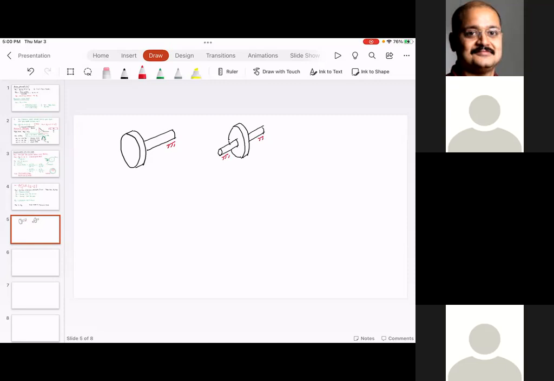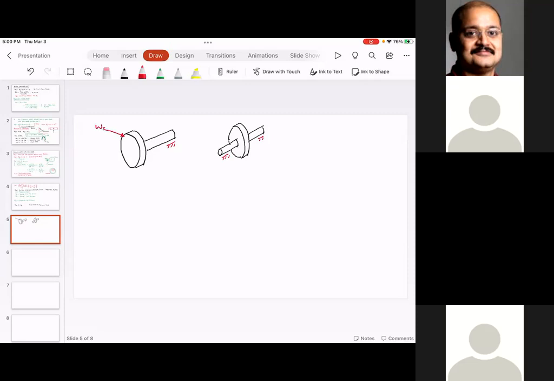Now let's try to understand what are the forces on the gear and how is shaft design different depending upon the type of support structures. So first and foremost, let's understand that we have a tangential force, WT.